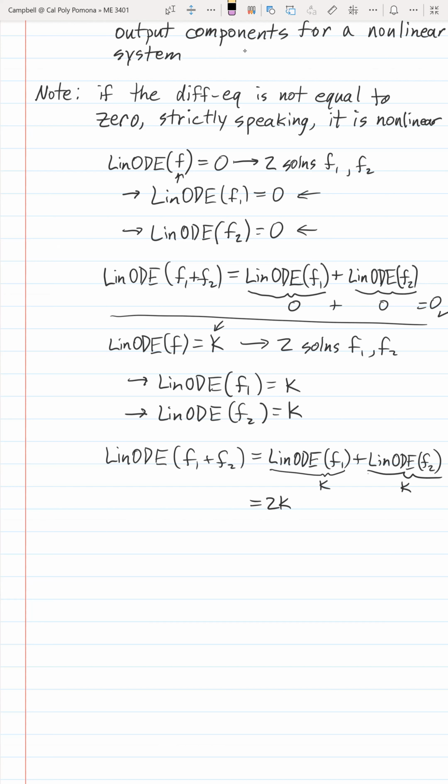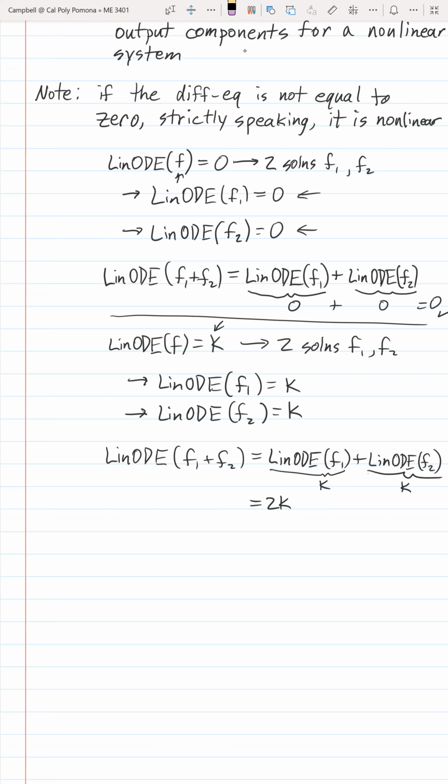And so the linear combination of the two will not give us the answer. Well, I shouldn't say linear combination. The sum of the two solutions will not give us the proper answer when we substitute that sum back into the linear ODE, the linear ordinary differential equation, even though we would call it linear.